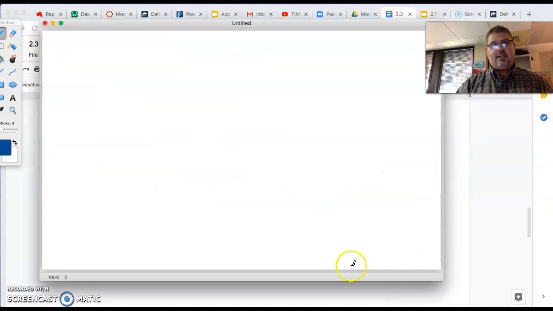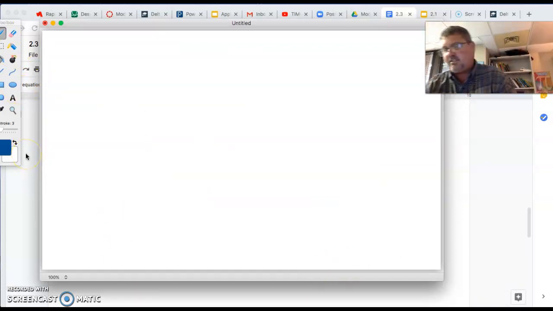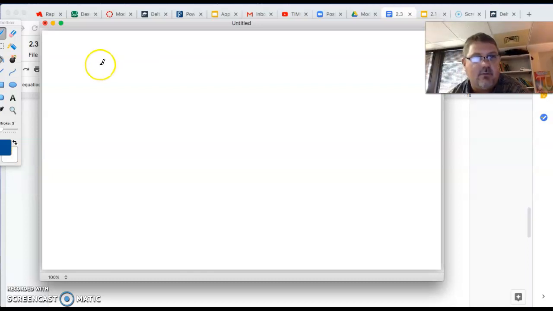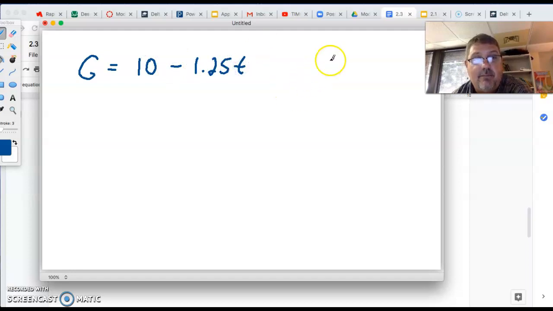So let's write it down here on the notepad and sketch out the big idea of what this thing does. We've got G is equal to 10 minus 1.25t.